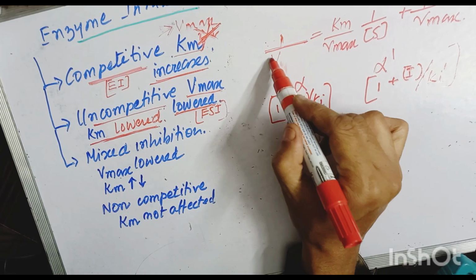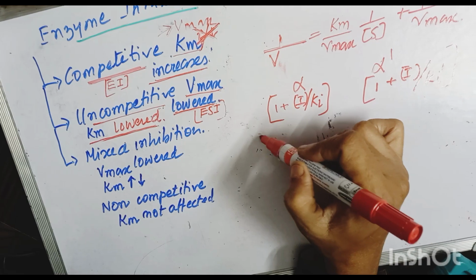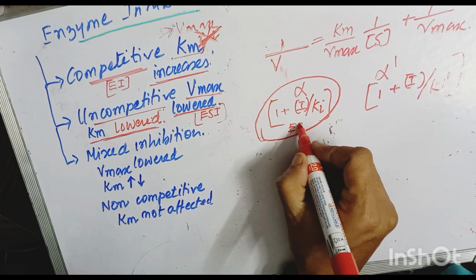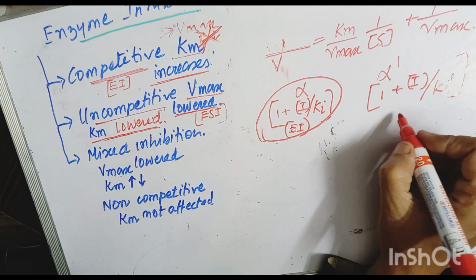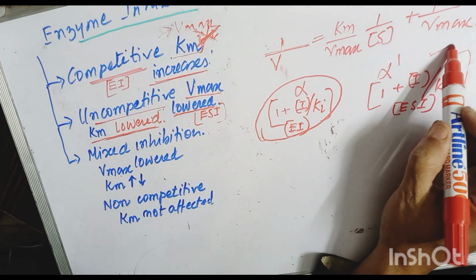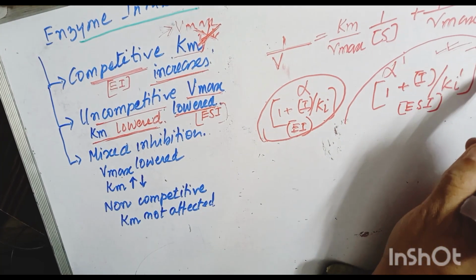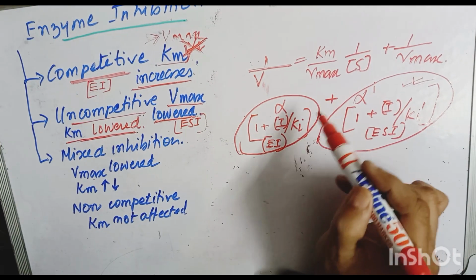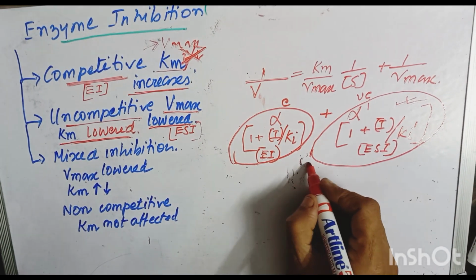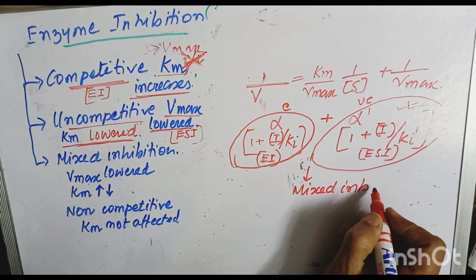So why do we consider both alpha and alpha dash? Because alpha is for competitive type of inhibition and for EI complex formation. Alpha dash is for ESI complex formation, and it is just like uncompetitive inhibition. So now we consider both competitive as well as uncompetitive, and we now come to mixed inhibition.